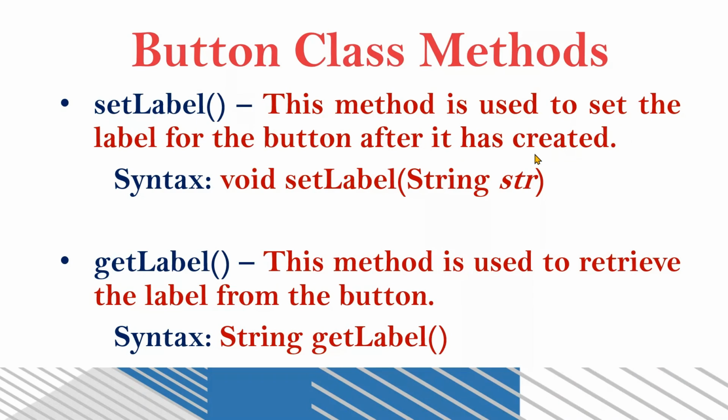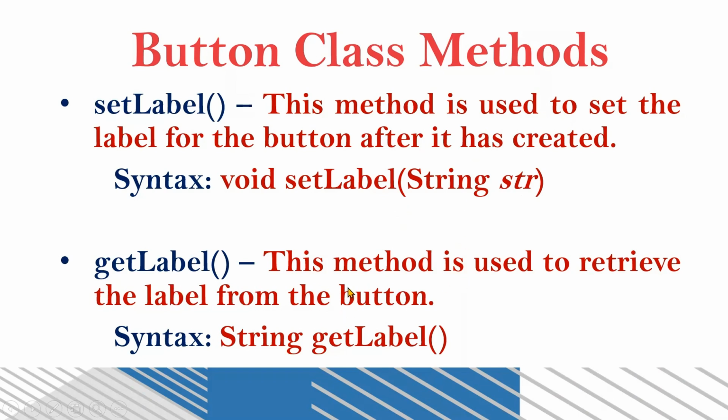Later on we want to set a label, then we can use the set label method and pass the string. Otherwise, even though you use the second constructor, you may want to change the value, let's say from OK to login. Then also you can use it.